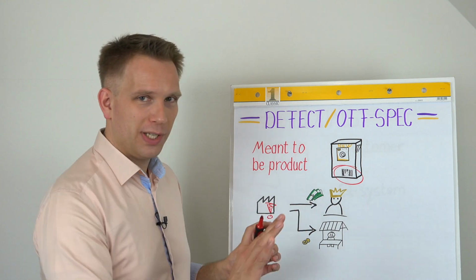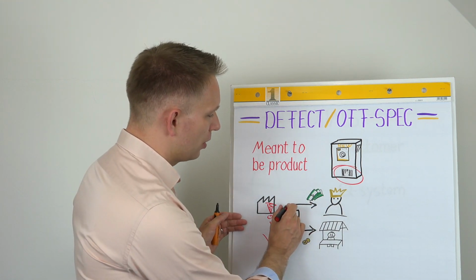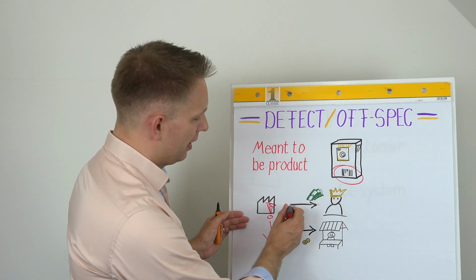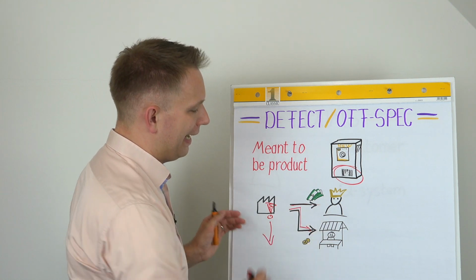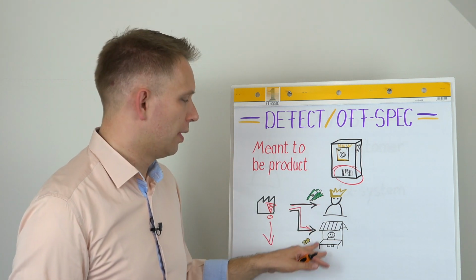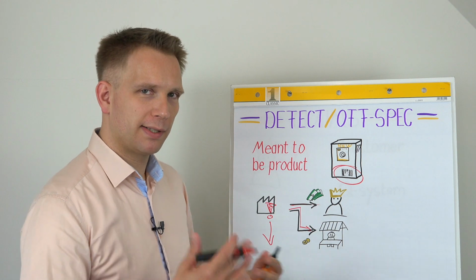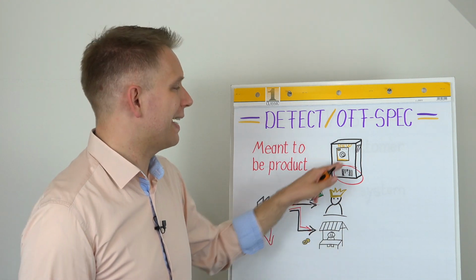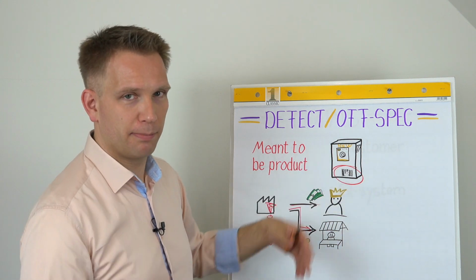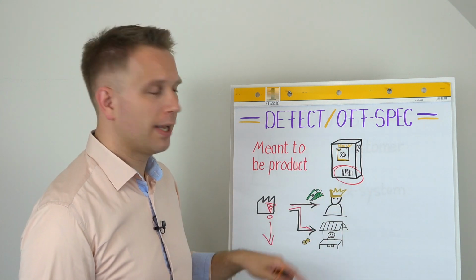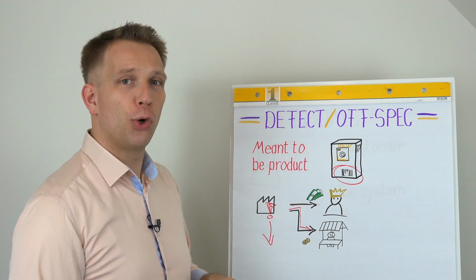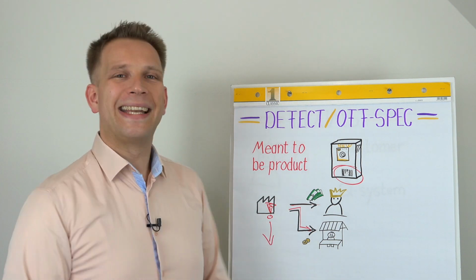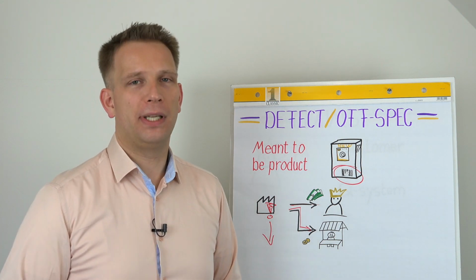As soon as you see that this product, which should have gone to our main customer, took a detour and ended up with some other customer, for instance, some open market, some discount shop that would still take the product because they can work with, in our example, this bad barcode. They don't use barcodes anyway, but they pay only dimes on the dollar, then you know this is a quality loss.